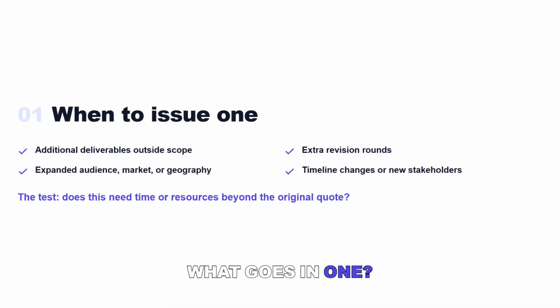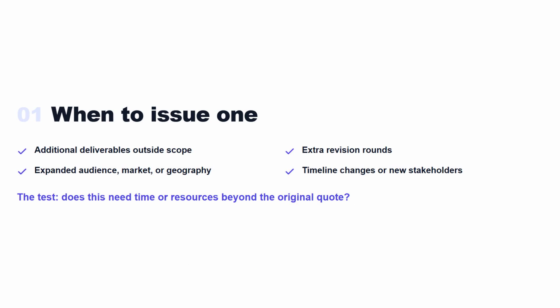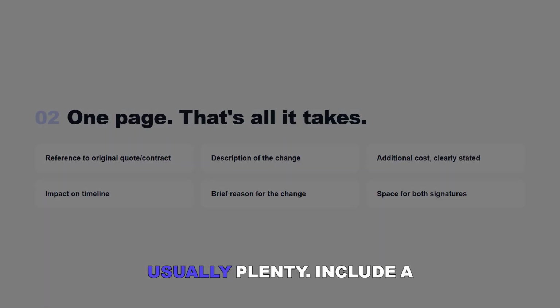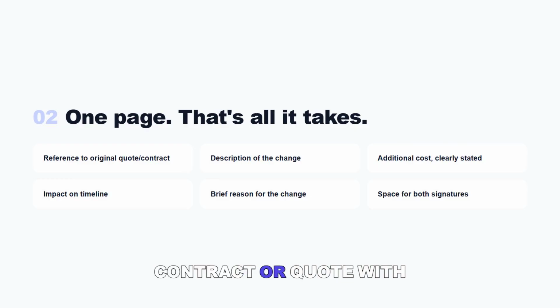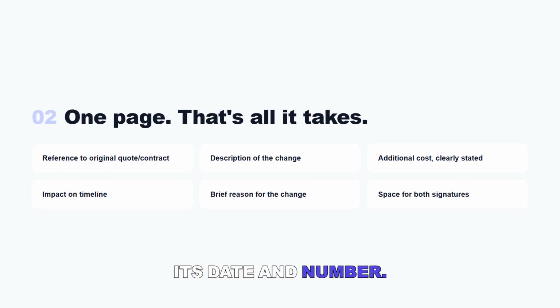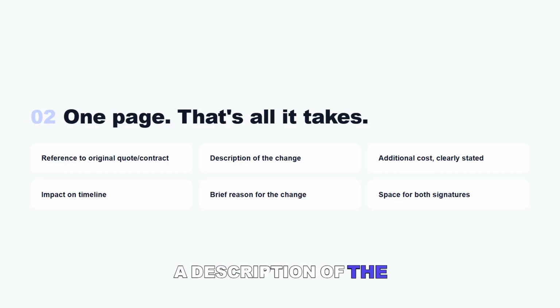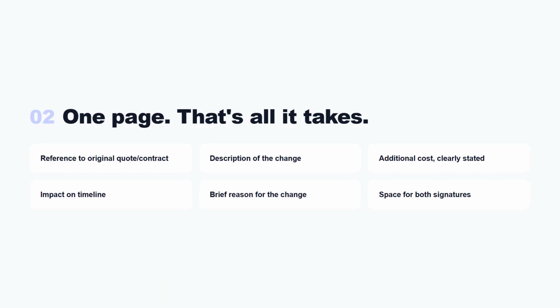Now, what goes in one? Good news, it does not need to be long. One page is usually plenty. Include a reference to the original contract or quote, with its date and number. A description of the change, in specific terms, what's being added or modified.